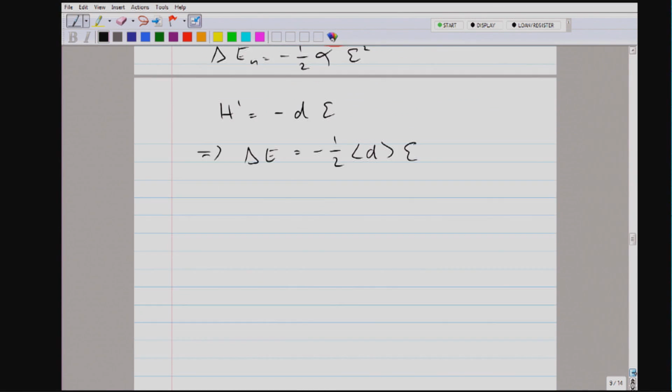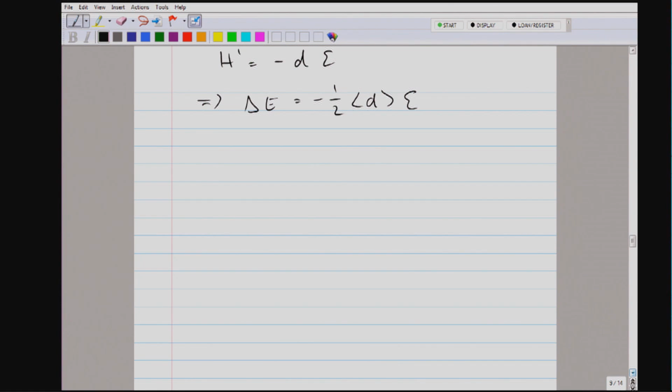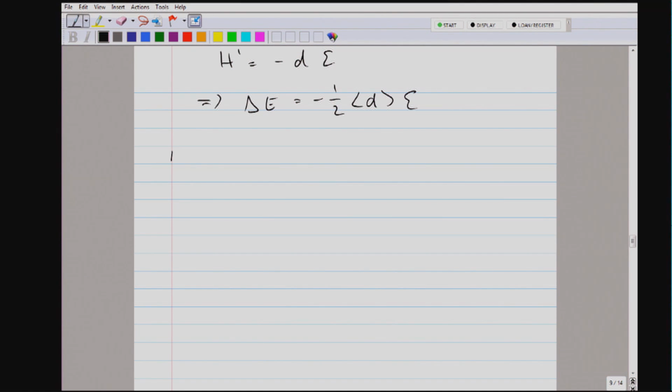Let me just redo the calculation in a way I like. And this is, I want to determine now the total energy, but sort the terms in a little bit different way. So I want to know what is the energy in our result. And what we do is we are calculating the energy using our wave functions.